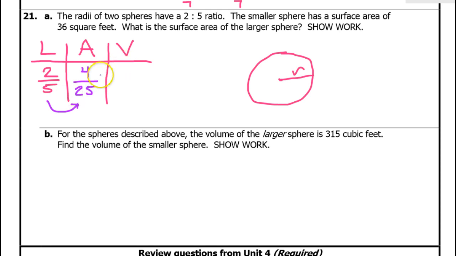Now, we can get the volume scale factor by cubing each one of these. All right, 2 to the 3rd power is 8, and 5 to the 3rd power is 125. All right, so now we have all 3 scale factors. We are ready to solve any problem that they throw at us.